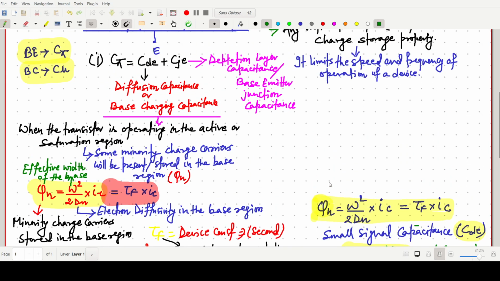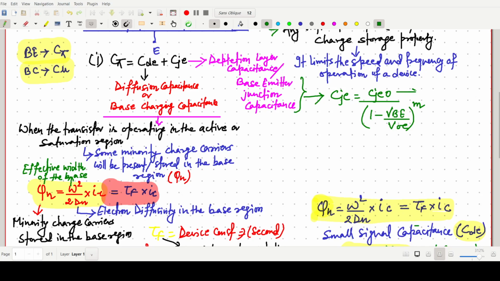Okay, CDE. Now this CJE, the base emitter junction capacitance, is simply CJE naught by 1 minus VBE by VOE to the power m. A very simple formula that you have to know.